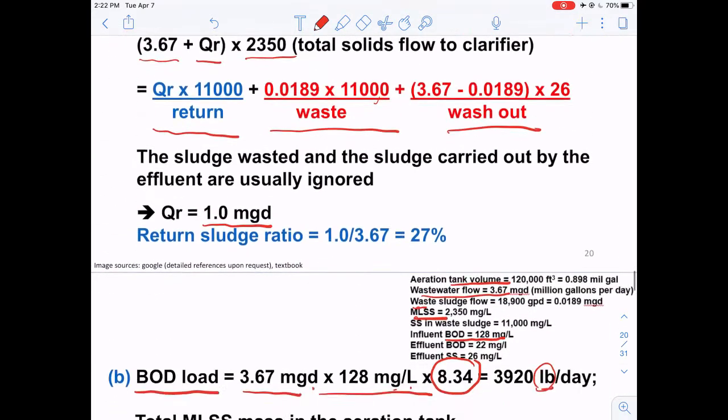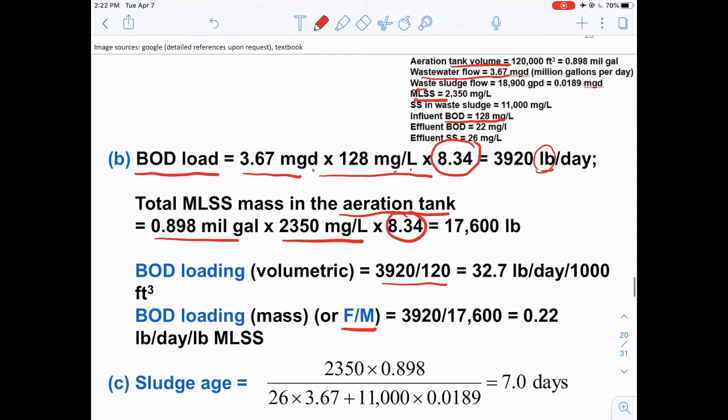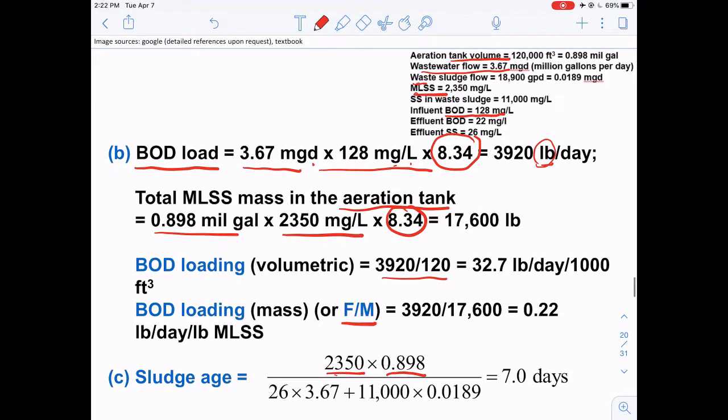As we have mentioned, the sludge age is just the total mass of the suspended solids divided by the outflow of the suspended solids, right? So we need to calculate the total mass of the microorganisms in the aeration tank. Since we already know the concentration of 2350, multiply that by the volume of the aeration tank, and then divide that by the outflow of the suspended solids.